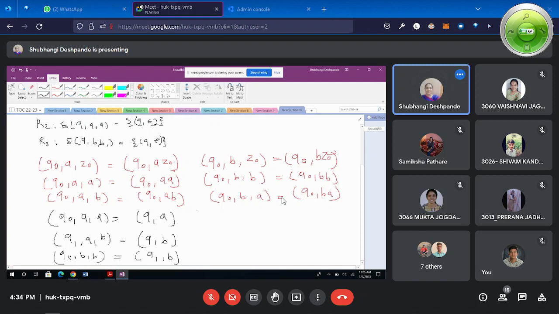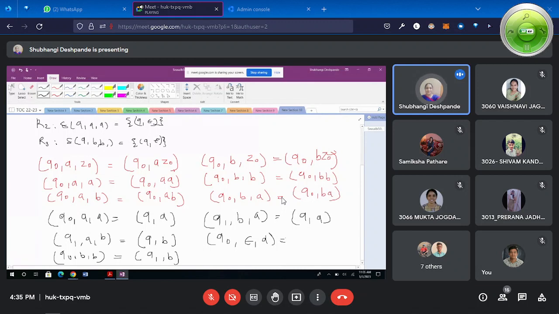Next we have this Q1 B A. We have Q1 A. Then the empty string will be processed.